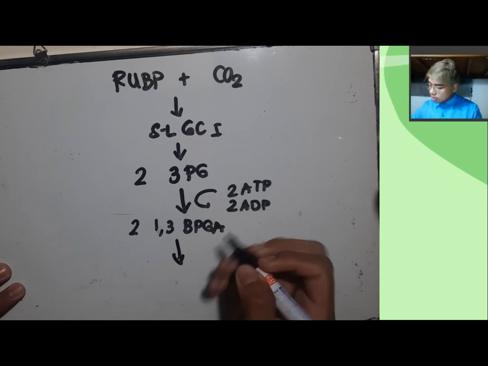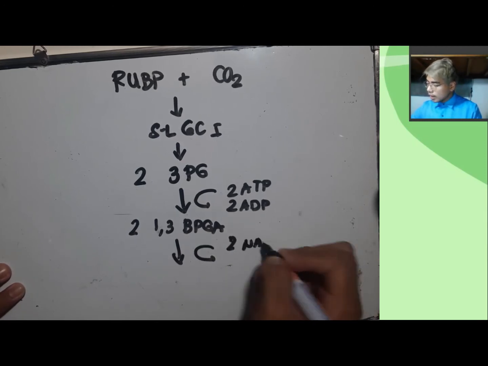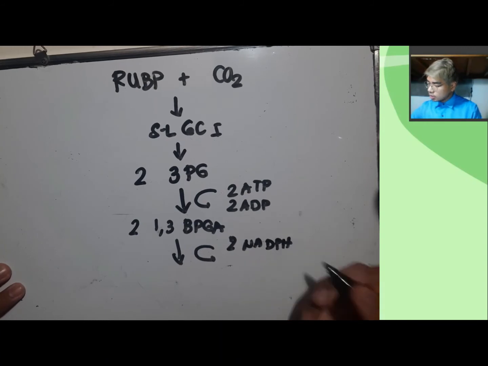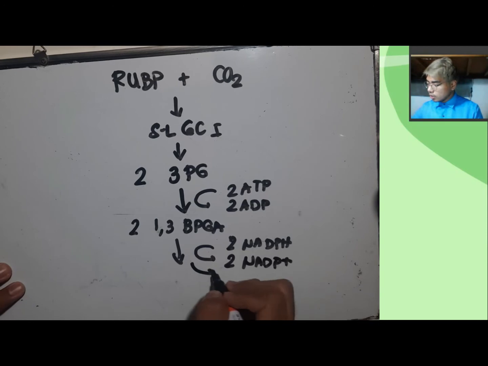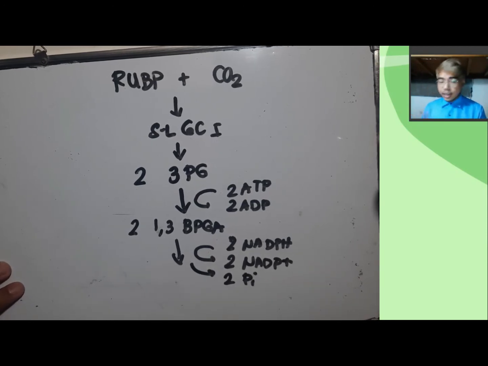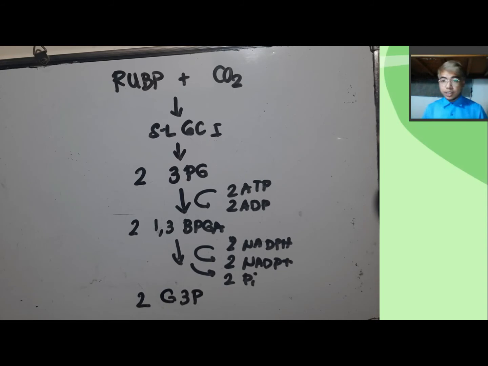Now, the 1,3-BPGA will interact with 2 NADPH, becoming 2 NADP+, and will release 2 phosphates, and will create 2 G3P or glyceraldehyde 3-phosphate.